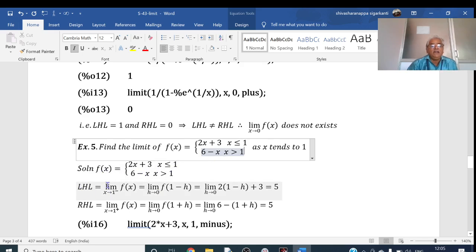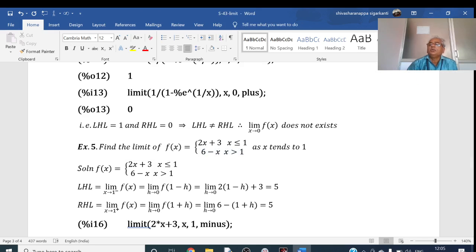Then the left hand limit is the limit as x tends to a minus, here my a is 1. We write this as the limit as h tends to 0 of f of 1 minus h. We have to replace x by a minus h, this is 1 minus h. 1 minus h is less than 1.